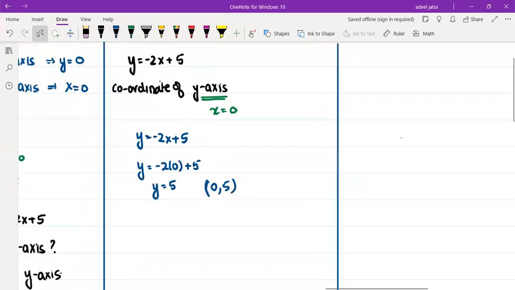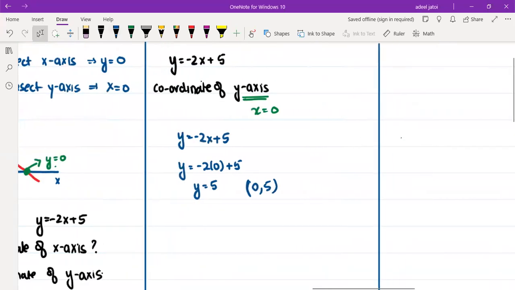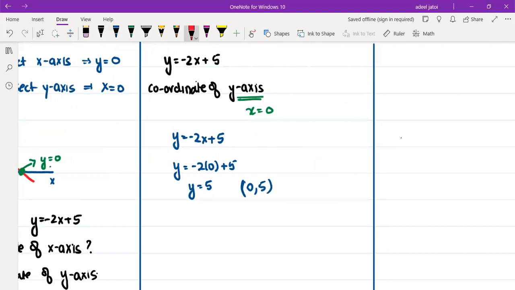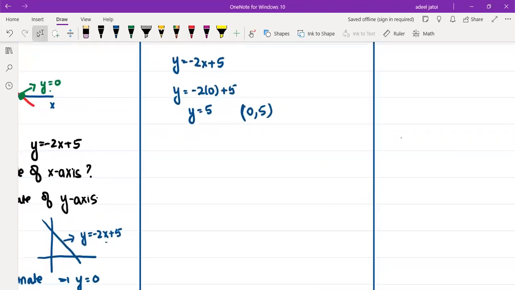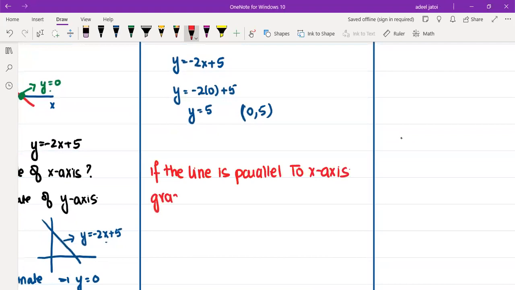Okay. Since we did the x-axis and y-axis coordinates, there is another important concept: if the line is parallel to the x-axis, gradient is 0.